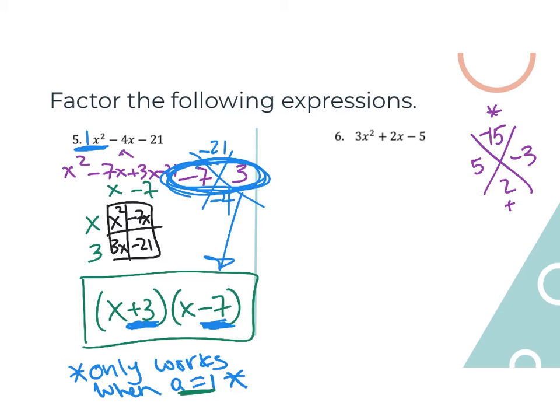All right. So when I split that middle term, I get 3x squared plus 5x minus 3x minus 5. Now, some of you may think, can't I just write these out as x plus 5 and x minus 3?